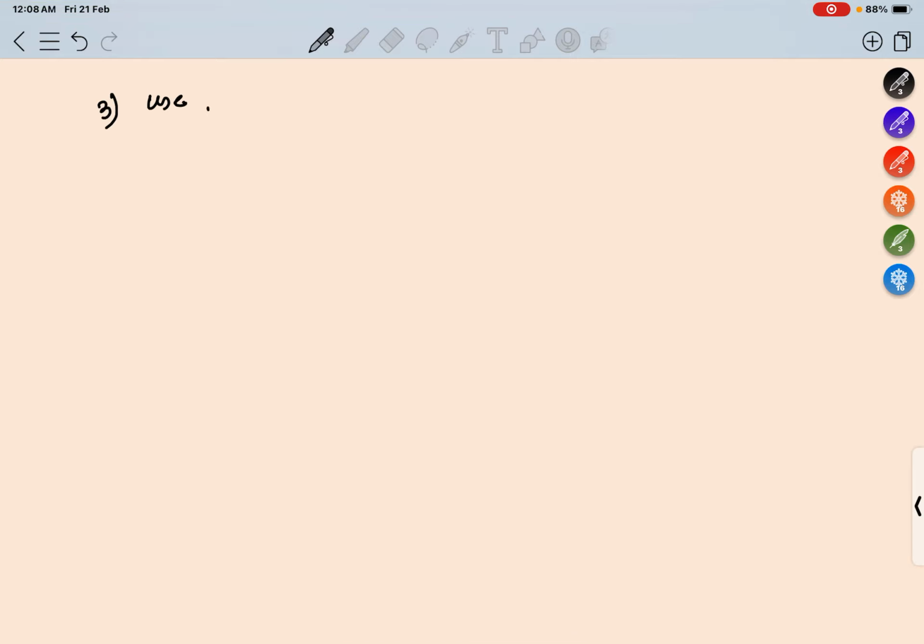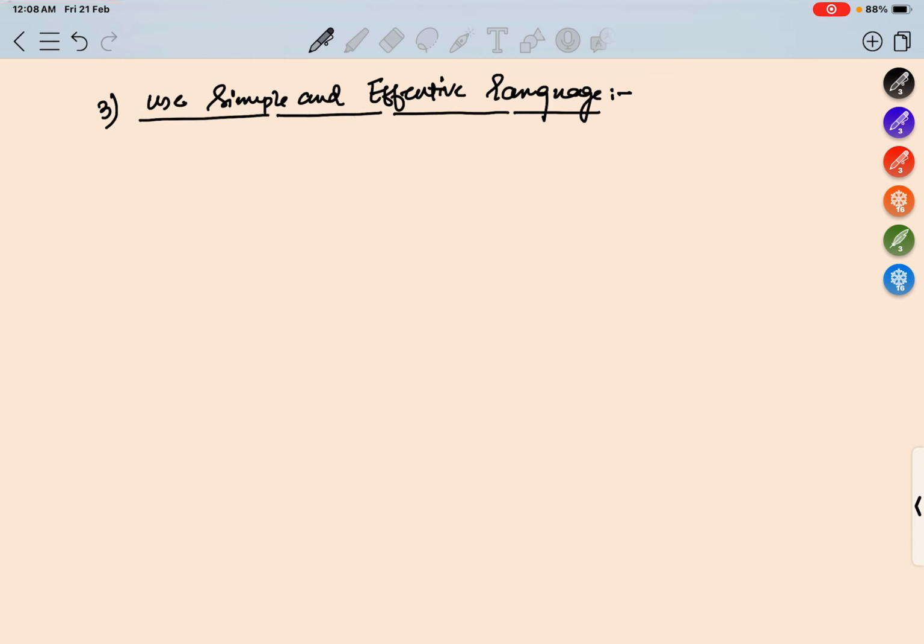The next thing that is very important in answer writing is to use simple and effective language. Now understand one thing. Effective language means you have to use proper vocabulary.